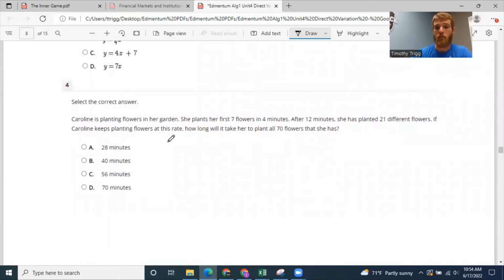Caroline is planting flowers, so it's the same situation. 7 flowers in 4 minutes, so (4, 7). After 12 minutes, she has planted 21 flowers, so (12, 21). If Caroline keeps planting flowers at this rate, how long will it take her to plant 70 flowers? Okay, so first we could think about y equals kx because it's direct variation, and we could use either coordinate point.